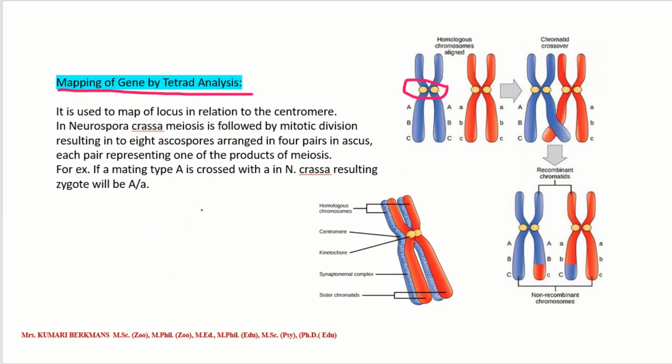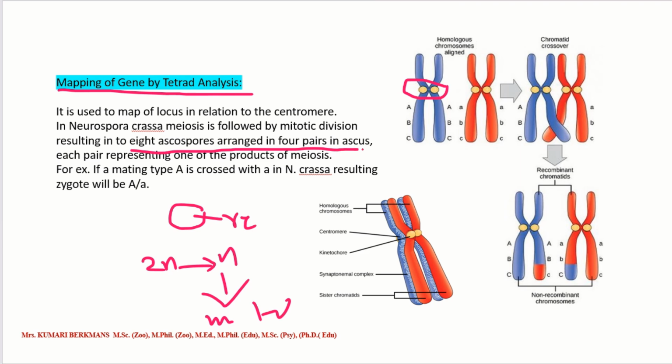Meiosis is a reduction division, in the sense that the 2n number of chromosomes is reduced to n. That is followed by mitotic division, resulting in 8 ascospores arranged in 4 pairs in the ascus, each pair representing one of the products of the meiosis.